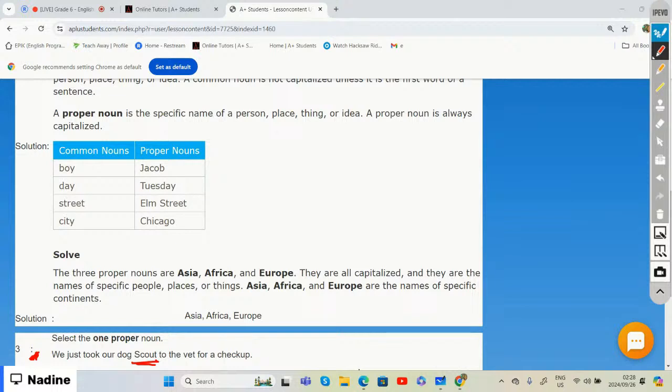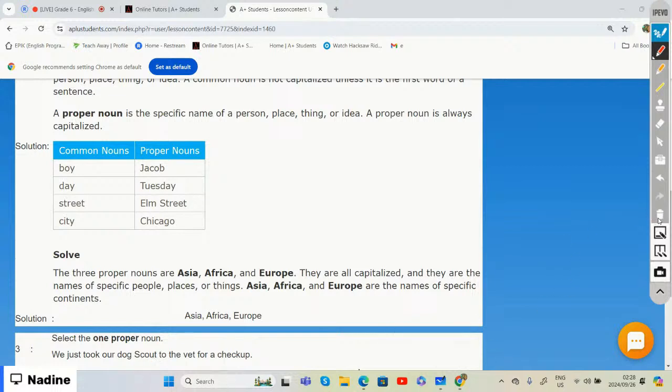But if you just say my dog, my cat, my hamster, whichever pet you have, if you just make mention of general pets, then it is a common noun. But as soon as you name your pet, like Scout or Cinnamon or Brownie or Blackie, then it means that you need to capitalize the word, right?